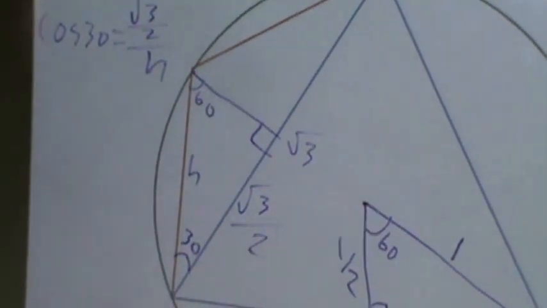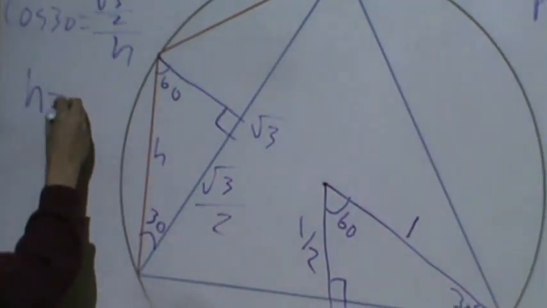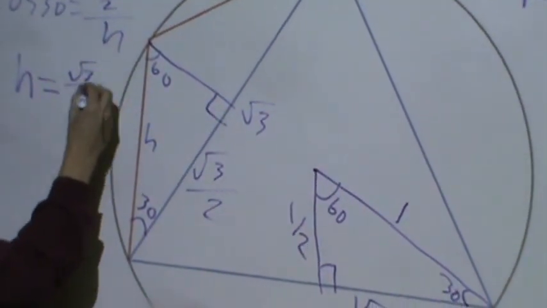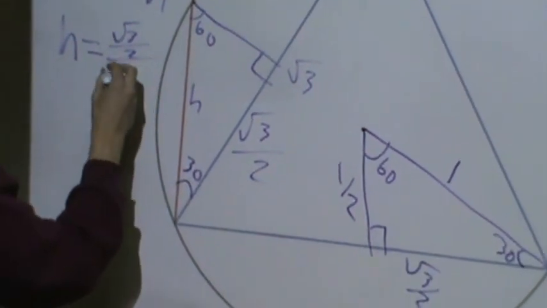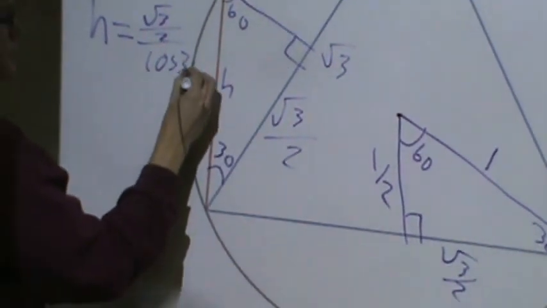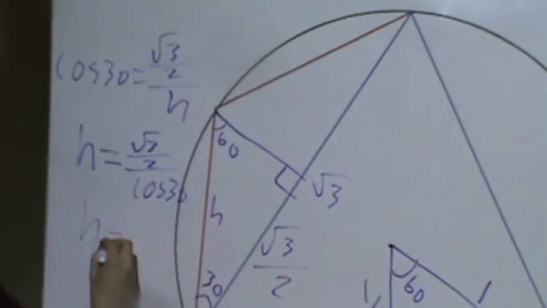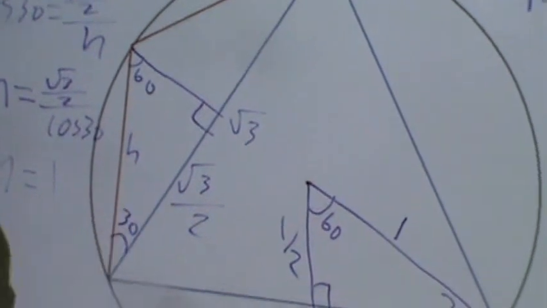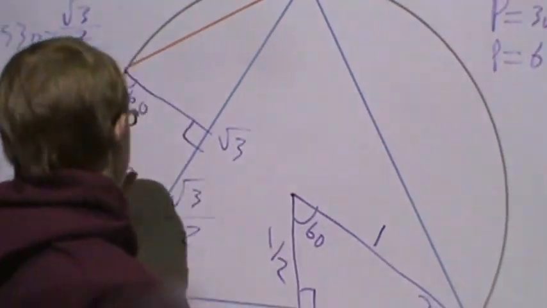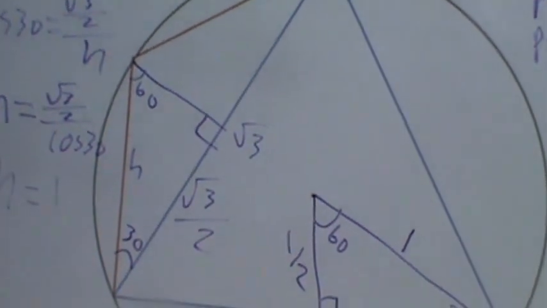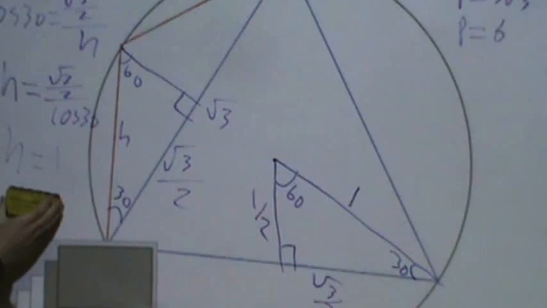Multiplying both sides by h and dividing by the cosine of 30, we'll get that root 3 over 2 divided by the cosine of 30 equals 1. So the perimeter for the hexagon will be 6, because it's the number of sides times the length of the side. Okay, now moving on to a dodecagon.